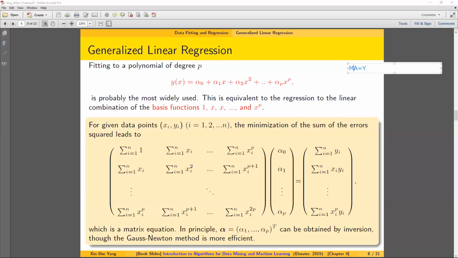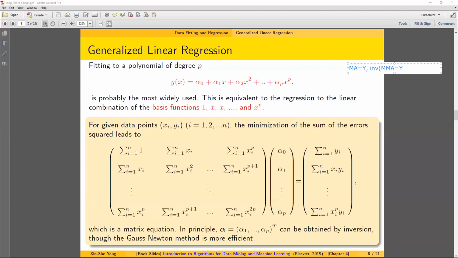So the first thing we need to do is use M inverse.